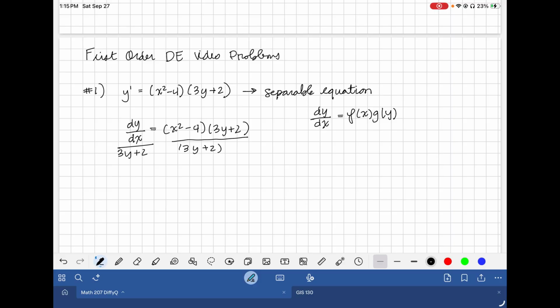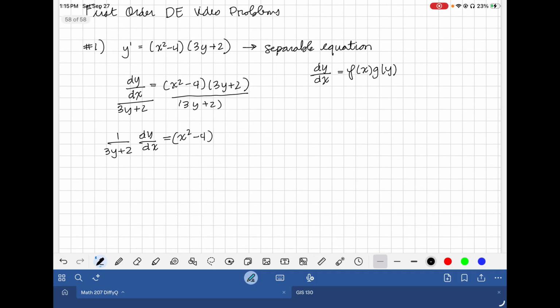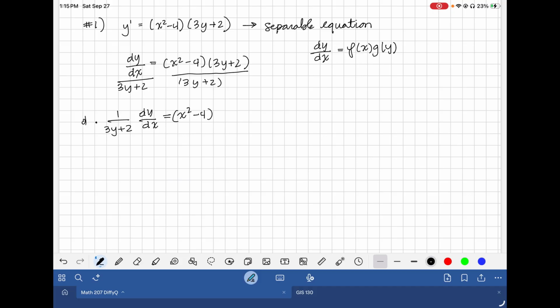And then I can just rewrite that as 1 over 3y plus 2 dy/dx is equal to x squared minus 4. Put that in parentheses. And then here I'm going to multiply out the dx. So I'm left with 1 over 3y plus 2 dy equals x squared minus 4 dx.